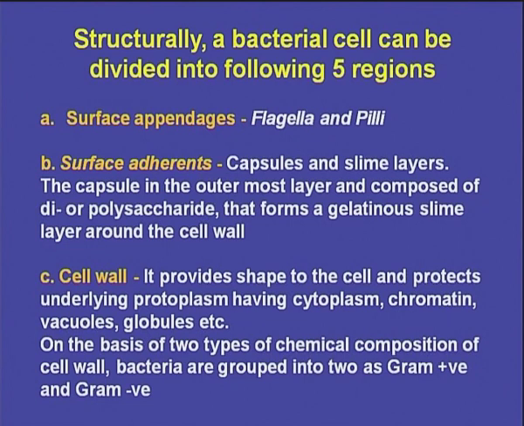Then the cell wall, which provides shape to the cell and protects the underlying protoplasm having cytoplasm, chromatin, vacuoles and globules, etc. On the basis of 2 types of chemical composition of the cell wall, bacteria are grouped into 2 as gram positive and gram negative.